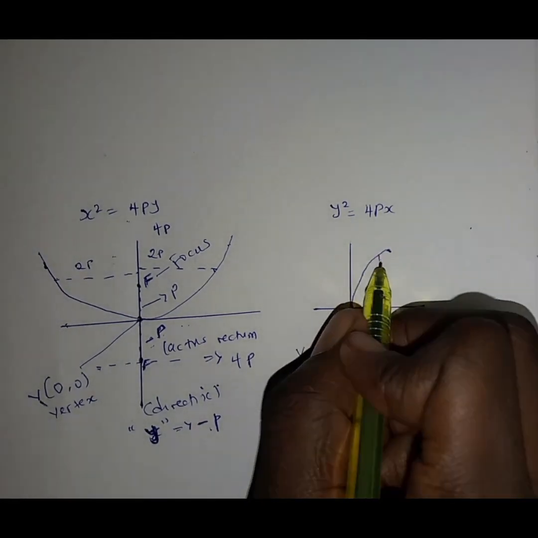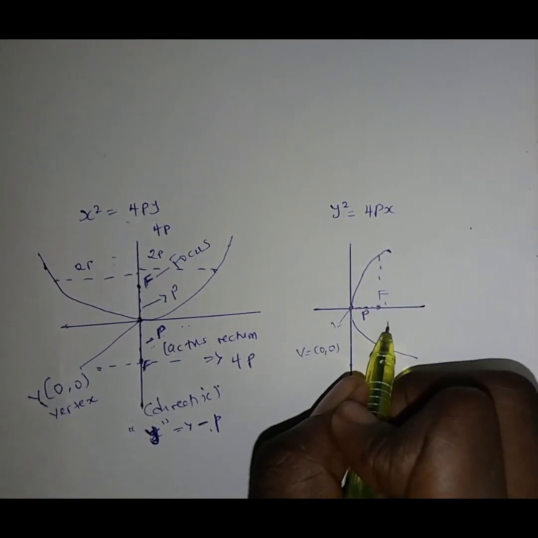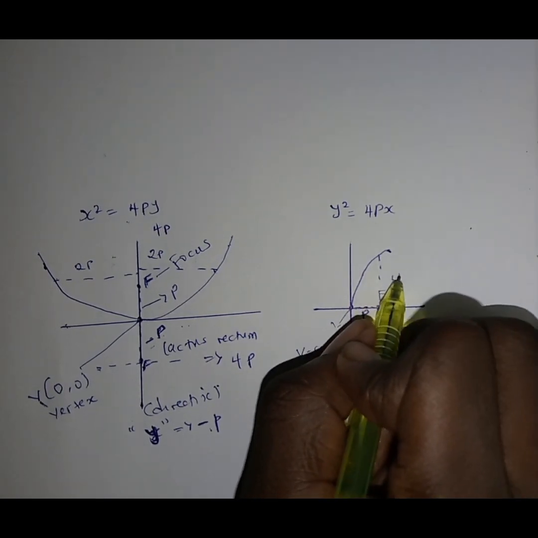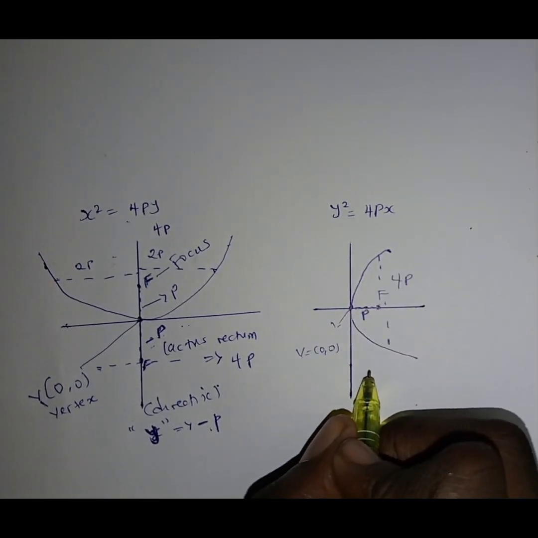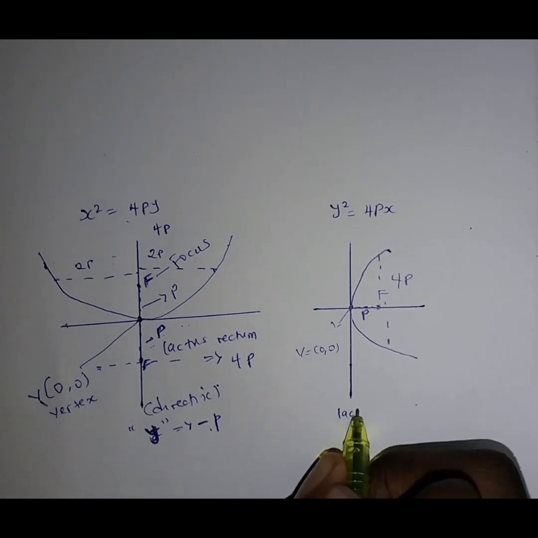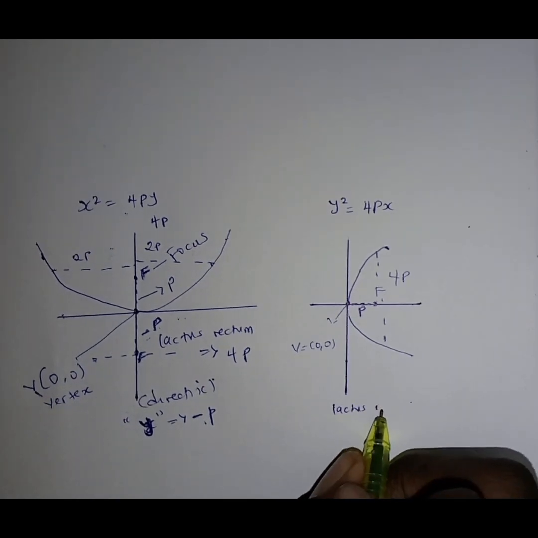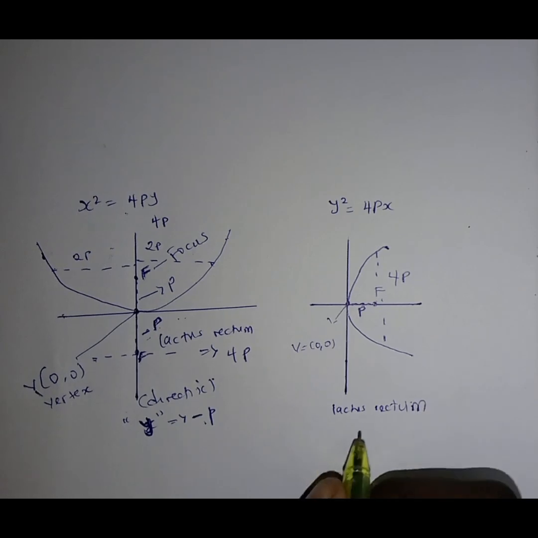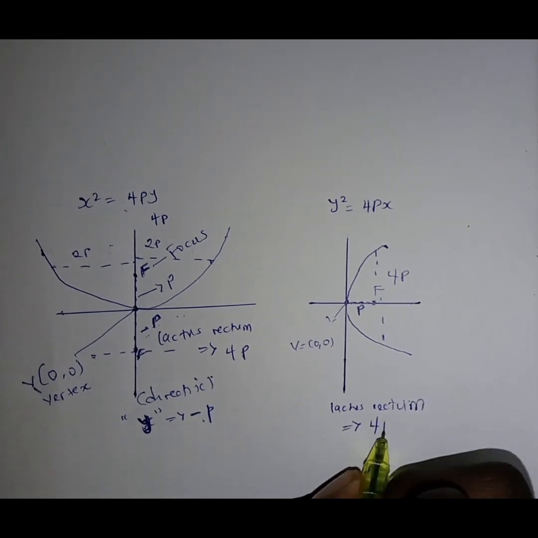The width of this curve is 4p, and it's called the latus rectum. Latus rectum is 4p.